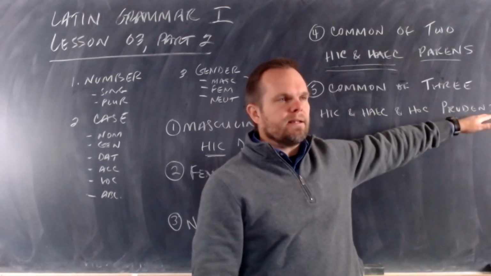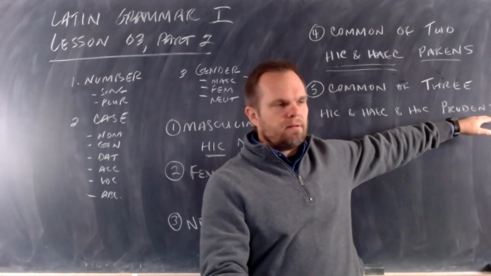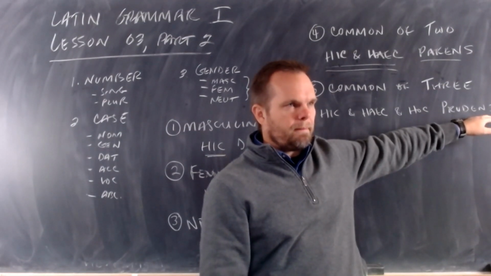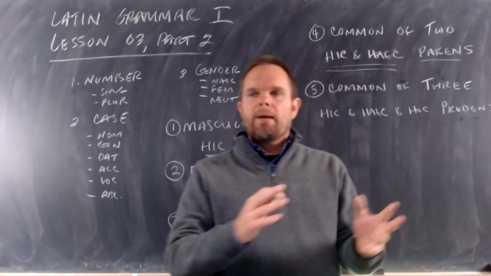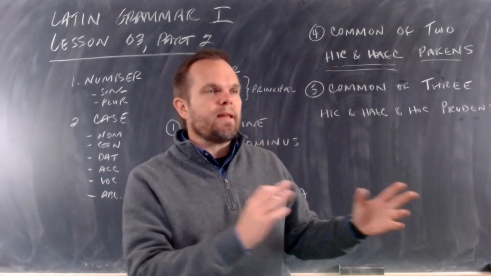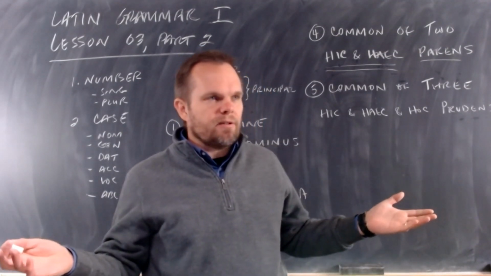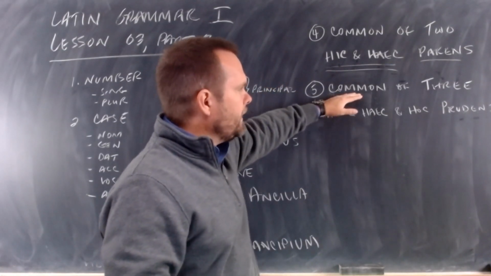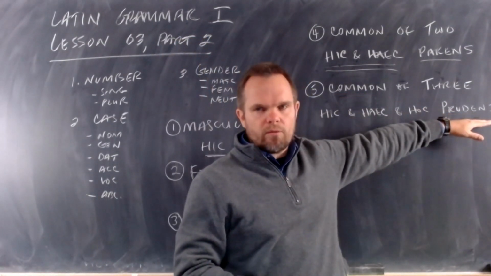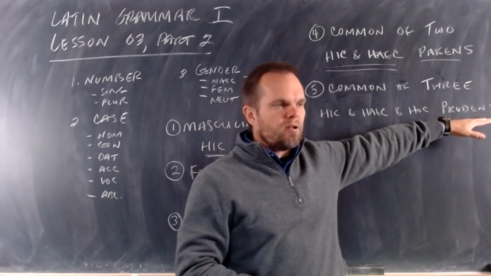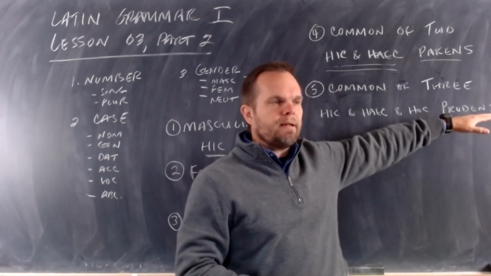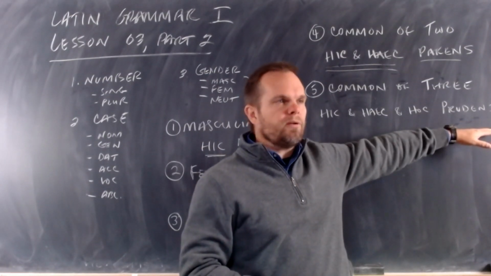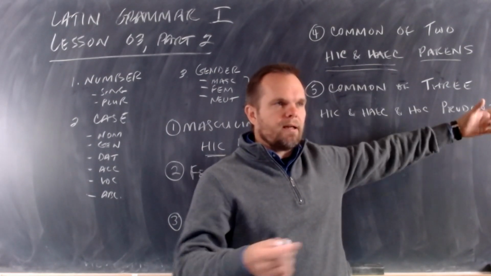Prudent means wise, a wise man, a wise woman, right? The reason why it's common of three is because it can be used with any gender, because it's just an adjective. So common of three means that a certain word, the word here is prudens, can be masculine, feminine, or neuter, depending on how it's used.